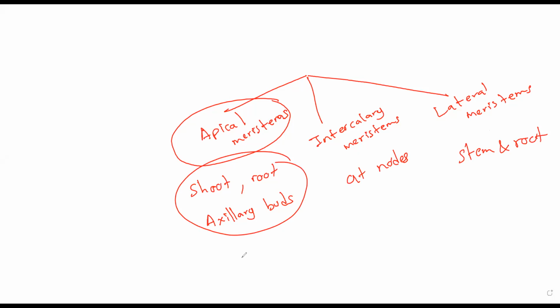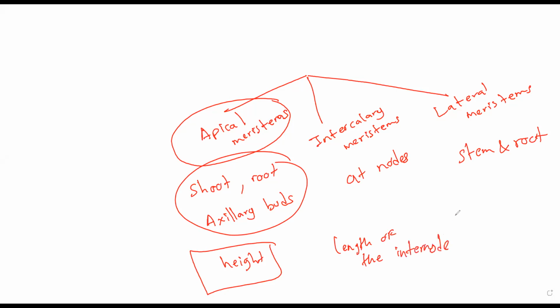It helps the plant to increase in height. Intercalary meristems help to increase the length of the internode. At last, lateral meristem will help to increase the diameter of the stem or root, the diameter of the plant.